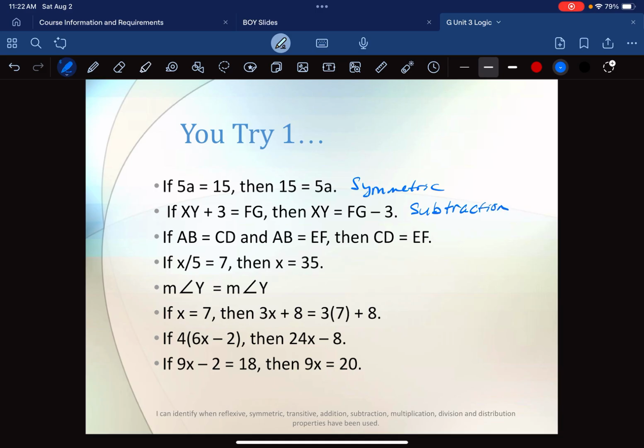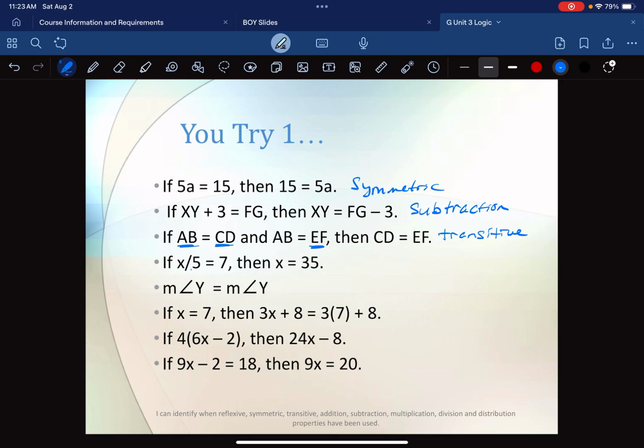Okay. If AB equals CD and AB equals EF, then CD equals EF. Well, this is a comparison between 3 things. I've got AB, CD, and EF being compared. Okay, and it's 3 things, so that's definitely transitive. Okay. If x divided by 5 is 7, then x is 35.